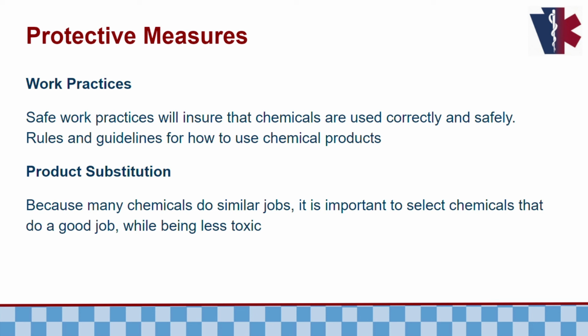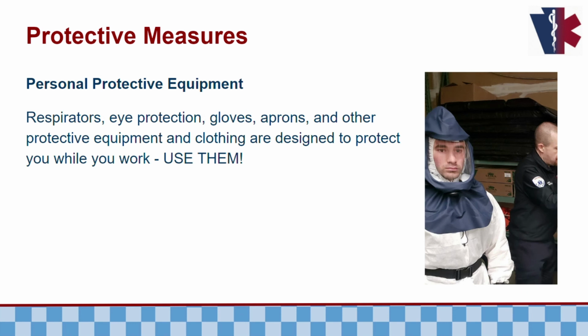Product substitution is a method of reducing hazard by switching more dangerous products for less dangerous ones. Personal protective equipment is safety clothing and items designed to limit your direct contact with the chemical product. Personal protective equipment only works if you wear it.